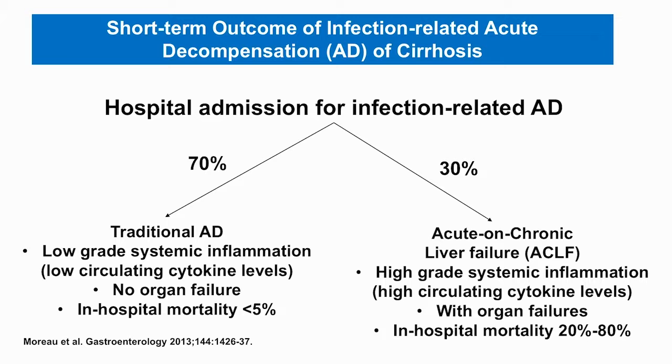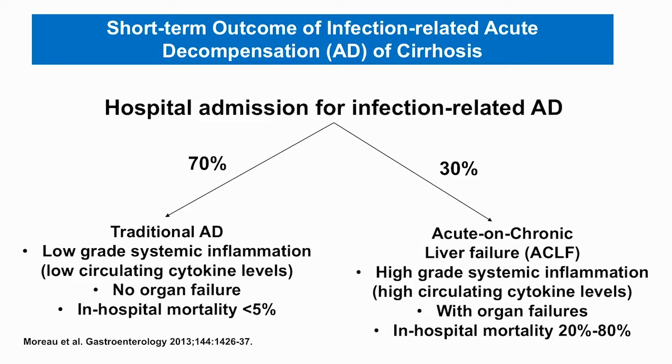They do not have organ failure, and they have a very low in-hospital mortality. But there are 30% of the patients who have ACLF, acute-on-chronic liver failure, because they have high-grade systemic inflammation indicated by a cytokine storm, organ failures, and high in-hospital mortality.